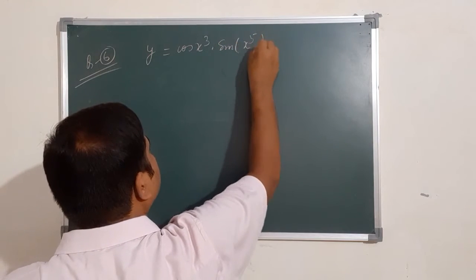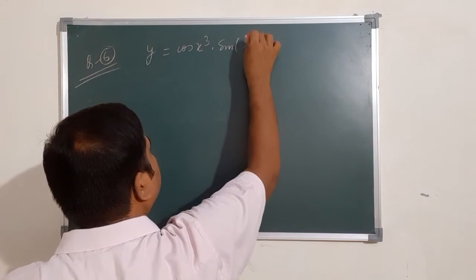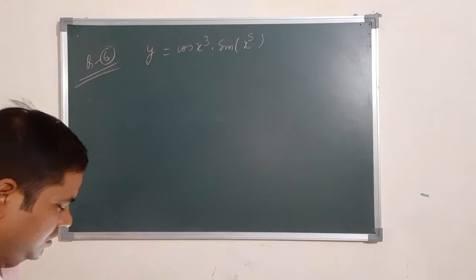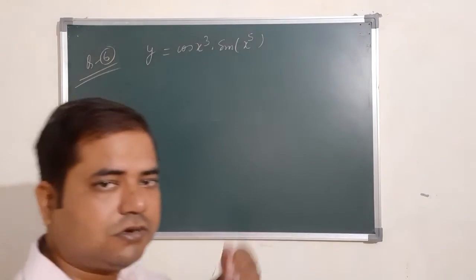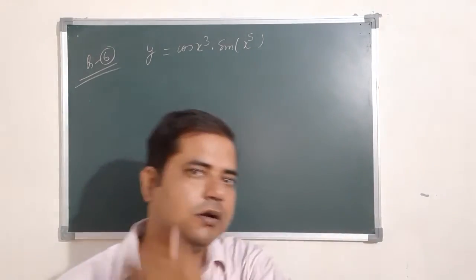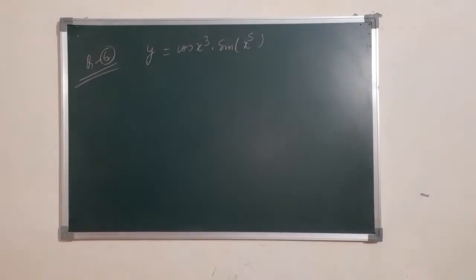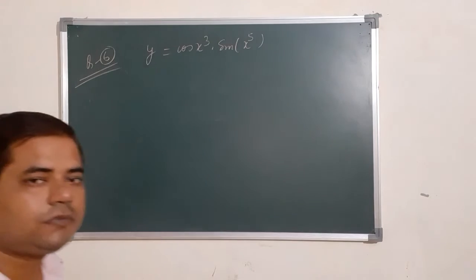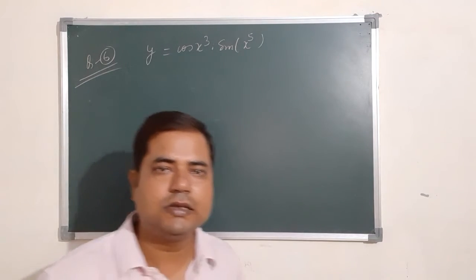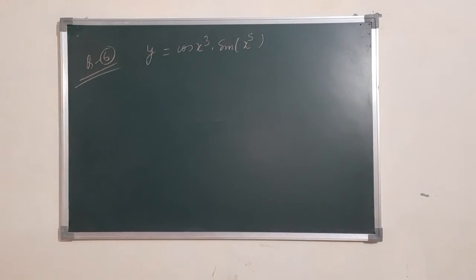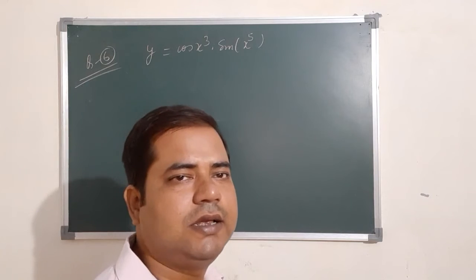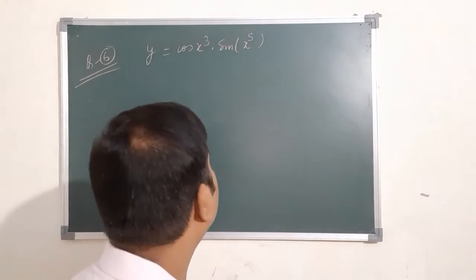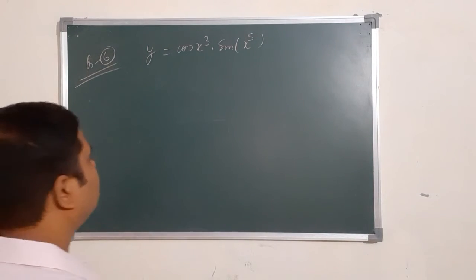See, this is also a very good question. First of all, we see there are two functions. First one is cos x cube, and the second function is sin x to the power 5.